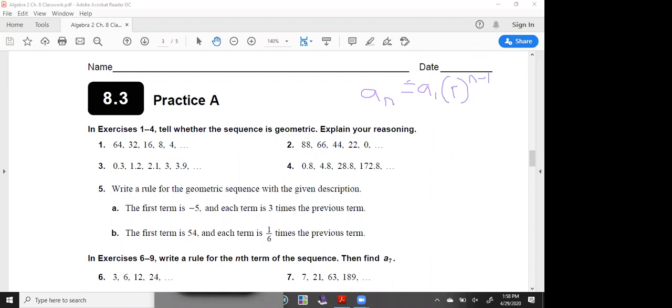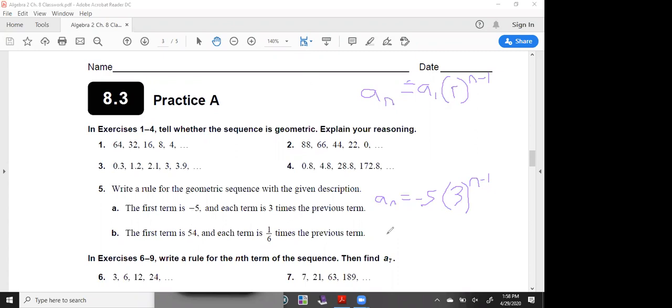So for 5, part A says, provide our rules. So we'll say a sub n equals, well, the first term is negative 5. It says each term is 3 times the previous term. There's my r. My r is 3. So it's negative 5 times 3 to the n minus 1 power.